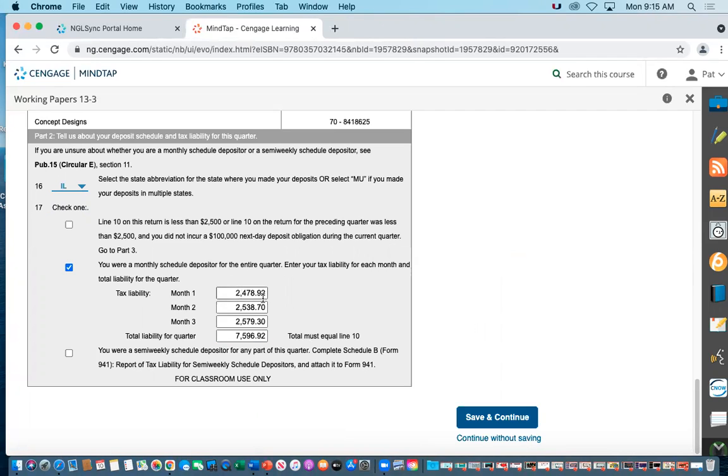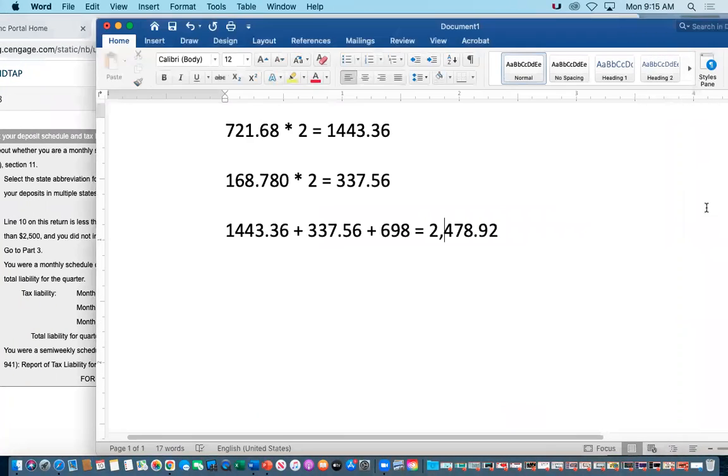So you got them separated by month here, and then up top you have it all set up and combined up top. Do you guys understand how we got that first month? Yes? No? Yep.